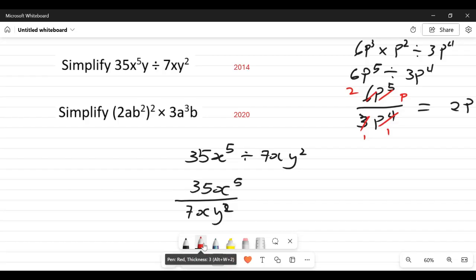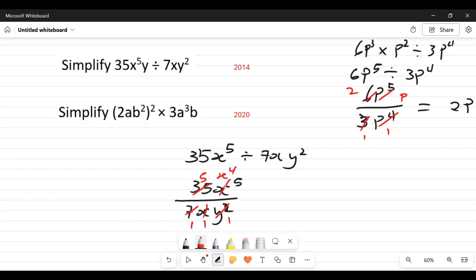As you can see, 7 can go into itself one time, and then into 35 five times. And then y exponent 2, no, sorry, we don't have any y term there, so we can't do any cancellation. Let's take the x. So x here 1, and x goes here, x exponent 4.